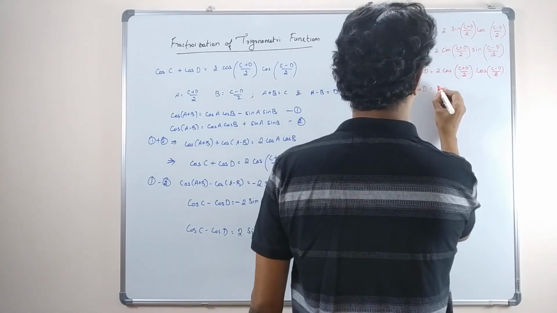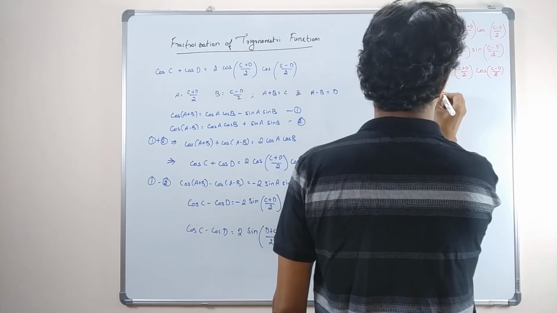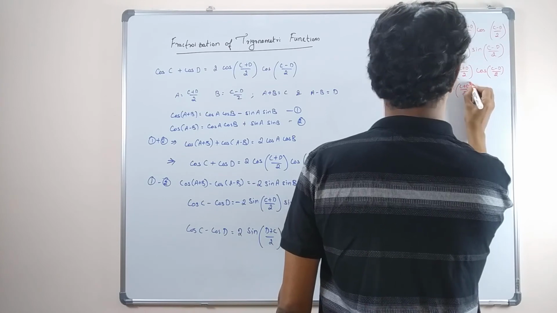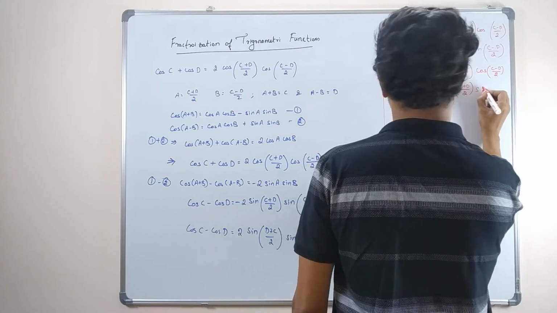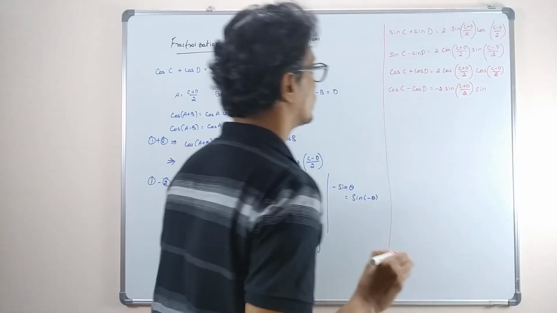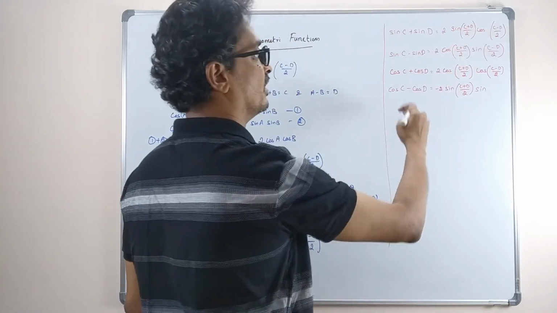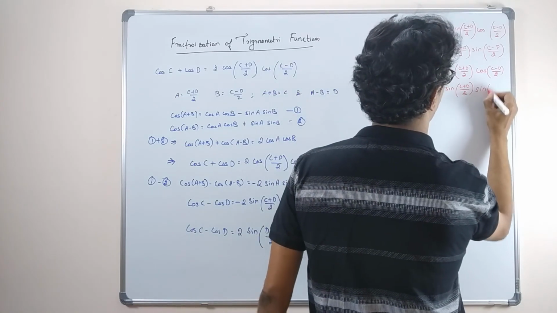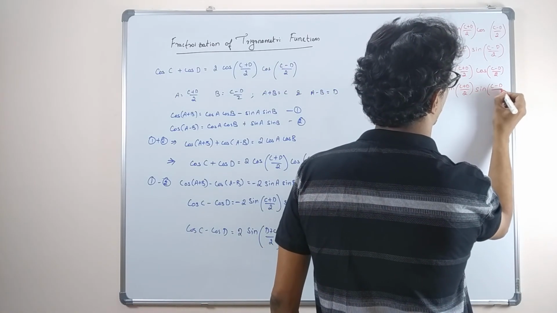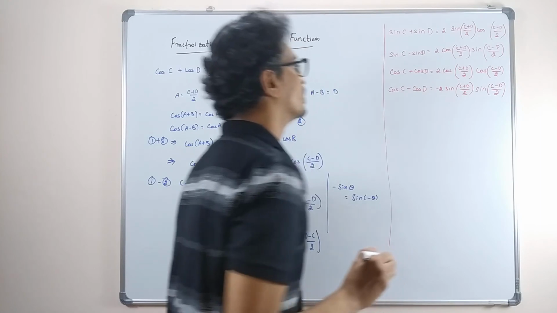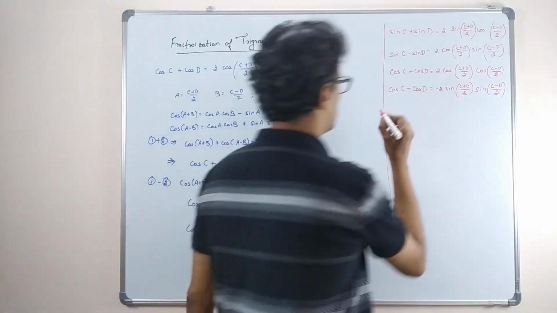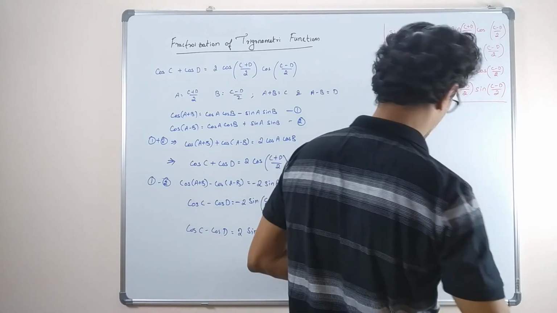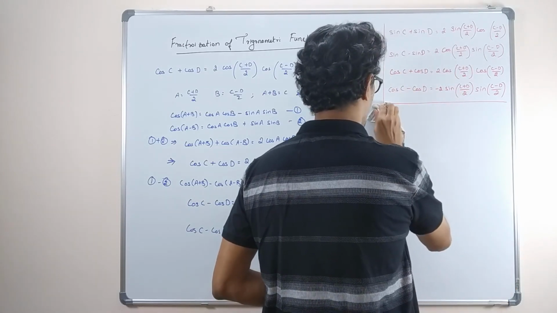Cos C minus cos D is minus 2 times sin((C plus D) by 2) and sin((C minus D) by 2). Sine goes with cos C minus cos D, cos goes with cos C plus cos D. So these are the factorization formulas of the trigonometric functions. Okay? Cool?